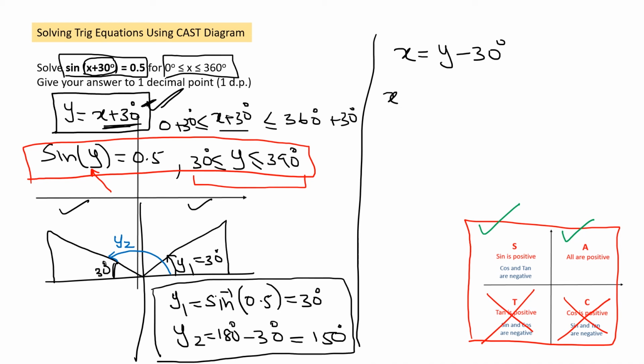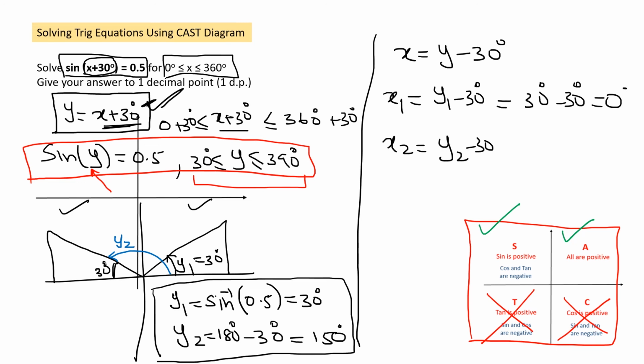So our first solution is y1 minus 30. y1 is 30 degrees. 30 degrees minus 30 degrees is 0. And x2 is y2 minus 30 degrees. y2 is 150, minus 30 degrees will give you 120 degrees.